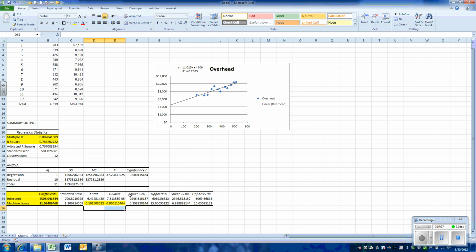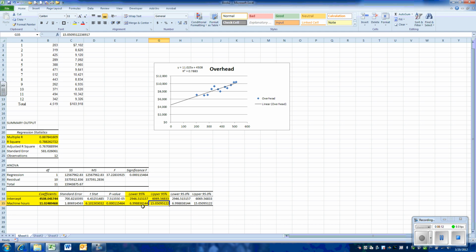Now, we have a little duplication here. We want to just concentrate on one of these. Our upper 95% and lower 95%. This says that we can have a 95% confidence level that the variable cost per unit falls in the range of about $7 to about $15.05.